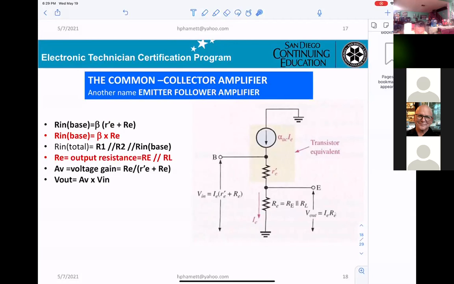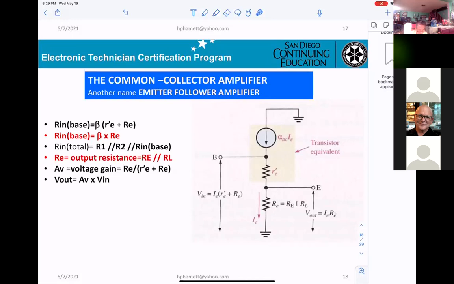If the collector emitter current is high enough, then R prime E is so small that it doesn't make a big difference, so you can ignore it. Okay, gotcha. The thing is, when you calculate either one, the answer will be almost the same. Okay, gotcha. Thanks a lot, everybody.